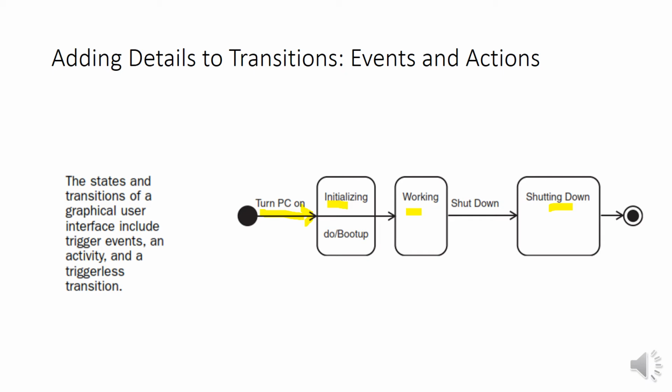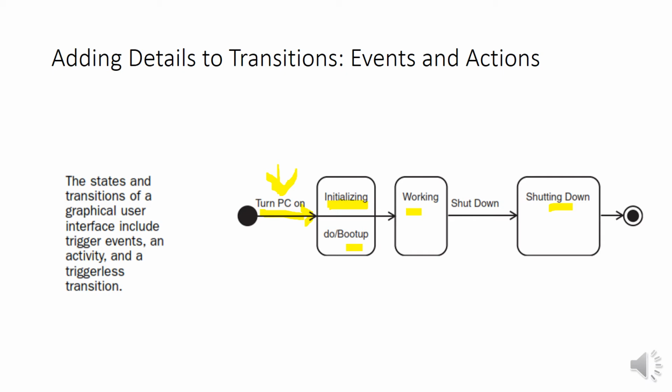You can label transitions as well. This is, you can say, optional. So as a result of a trigger, a transition occurs from one state to another. When you turn your PC on, boot up takes place. Turning the PC on is a triggering event that causes the GUI to transition to the initializing state.